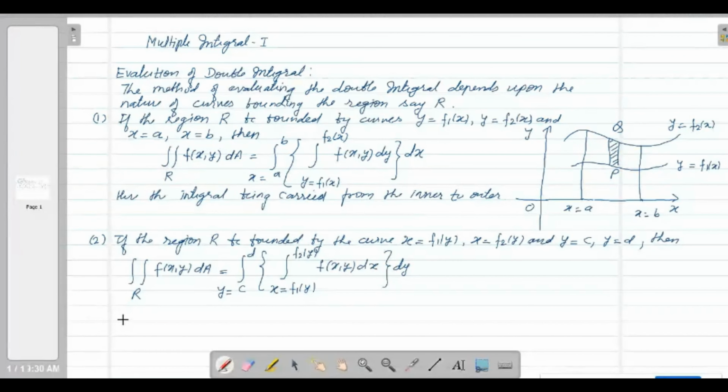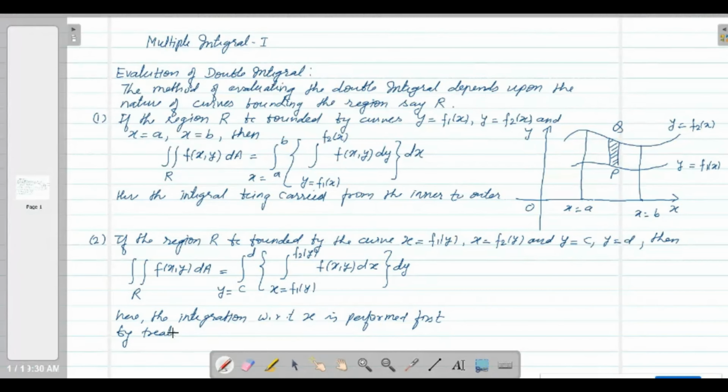Here the integration with respect to x is performed first, by treating y as a constant.